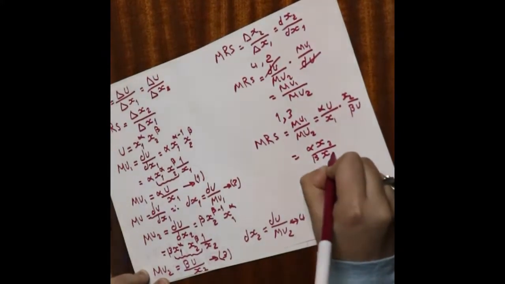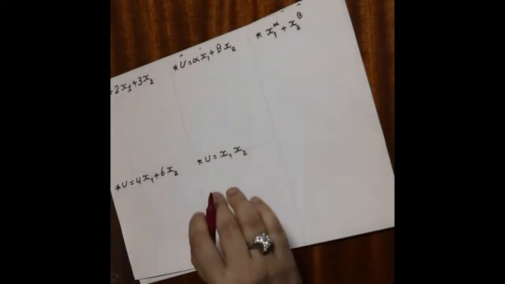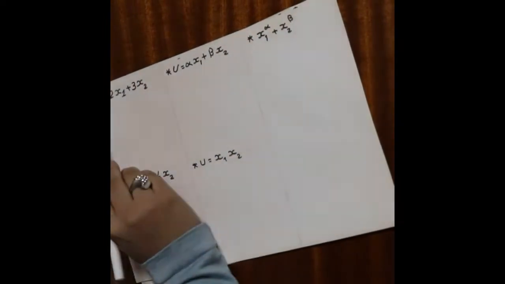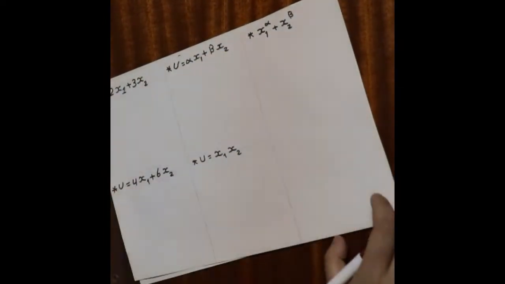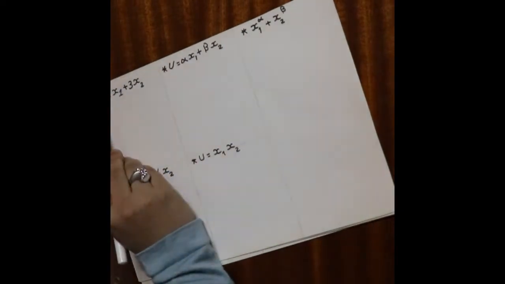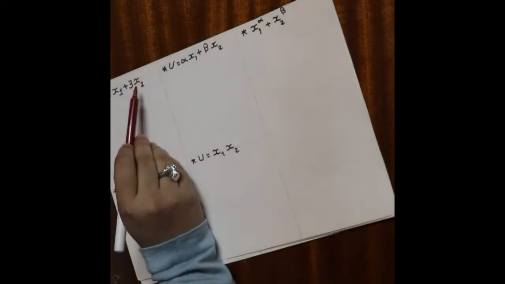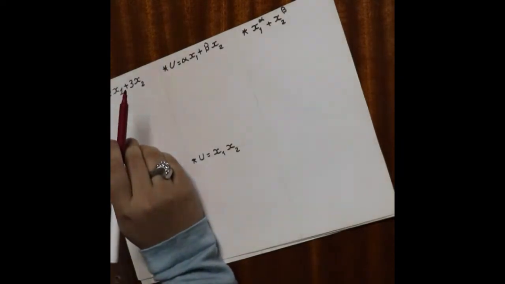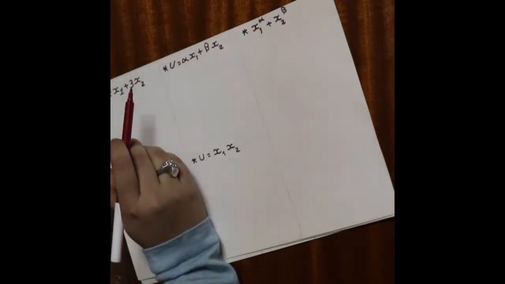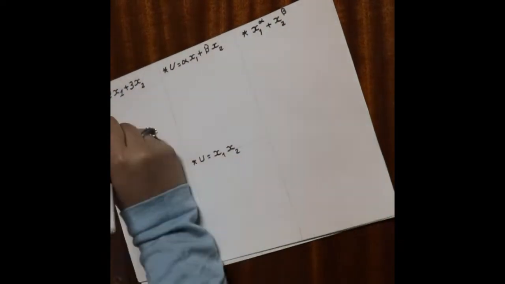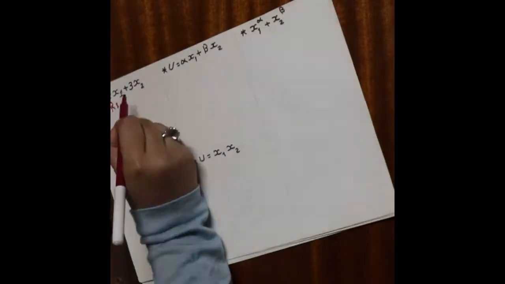Let's solve some equations. In these equations, we need to calculate the marginal rate of substitution. First one, U equal 2x1 plus 3x2. Marginal rate of substitution equal MU1 over MU2.